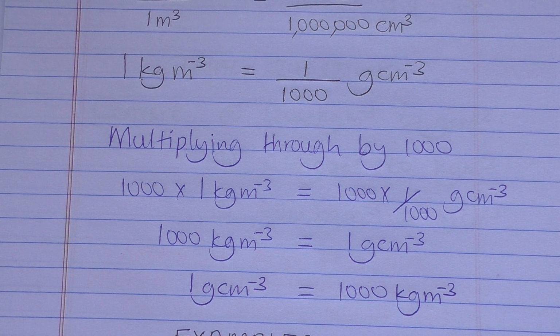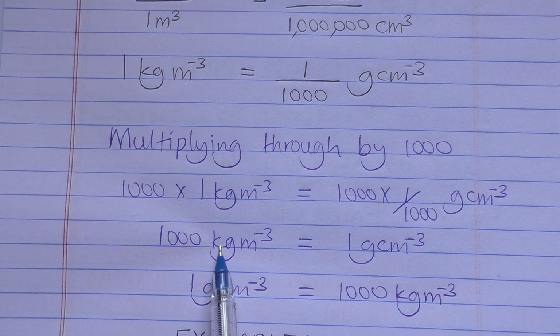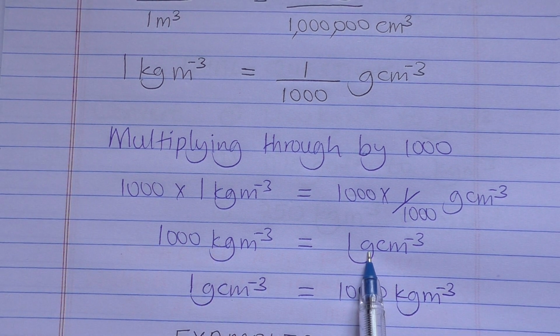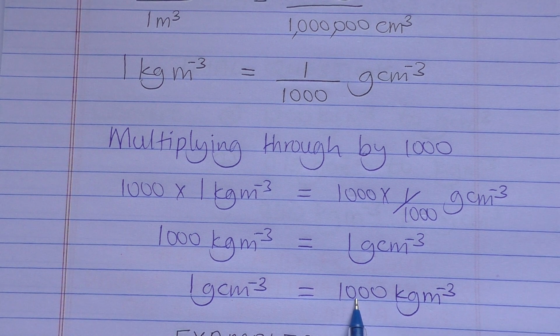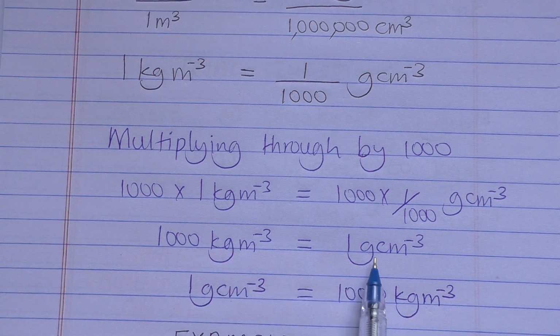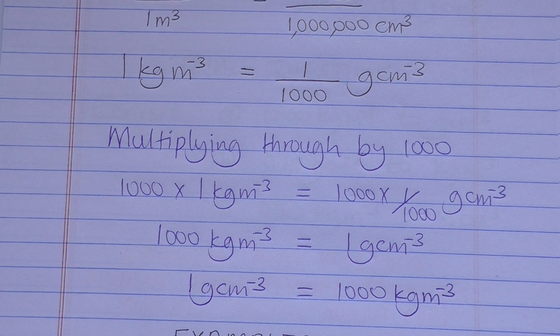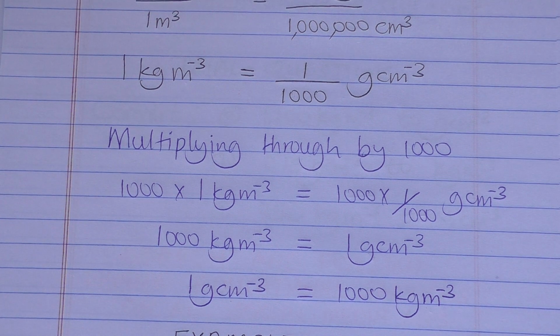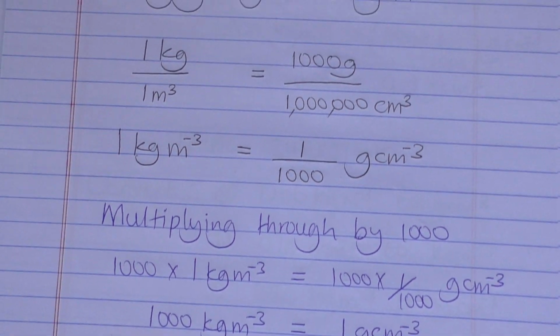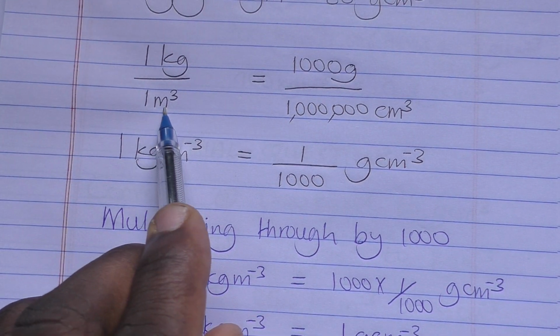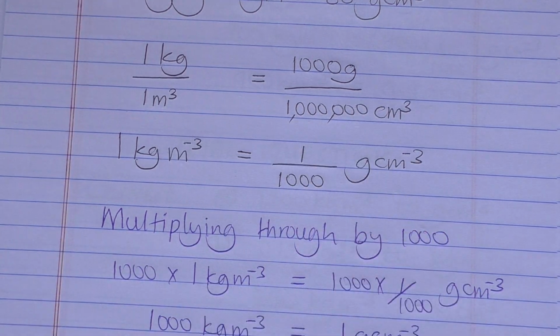Now, here is where it confuses many of us. We think since a kilogram is bigger than a gram, we shouldn't get 1,000 kilograms per meter cubed. Please, the determinant is not the kilogram and gram. The determinant is the centimeter cubed and meter cubed. Remember, as we were converting the 1 meter cubed to centimeter cubed, we got 1 million.